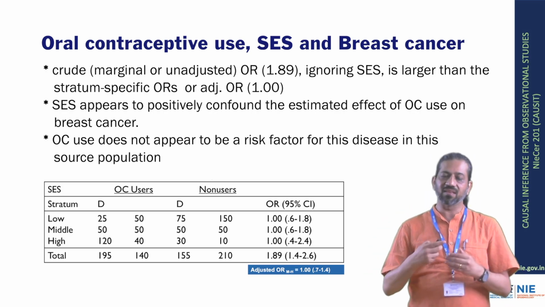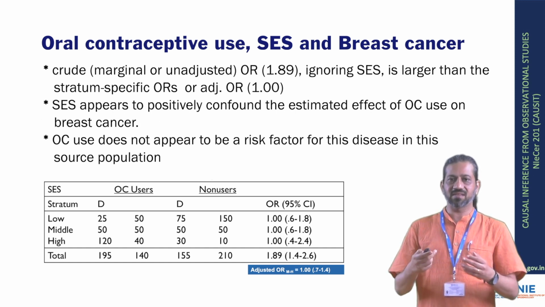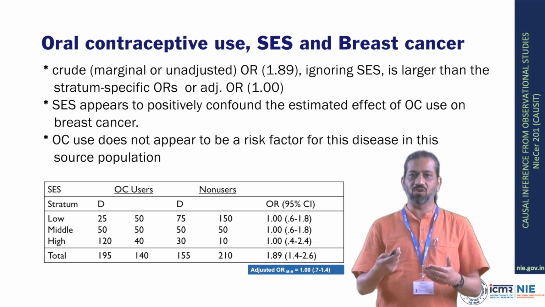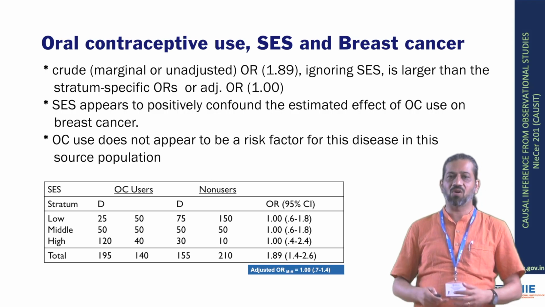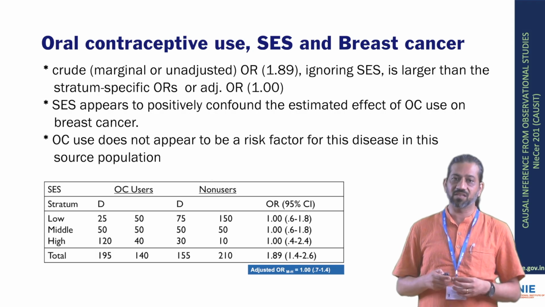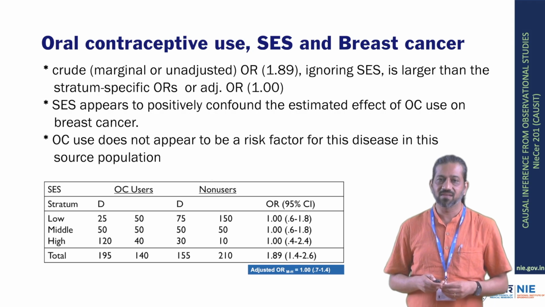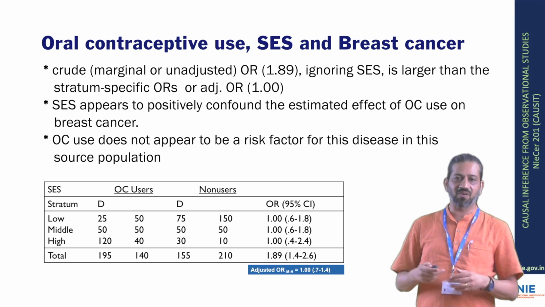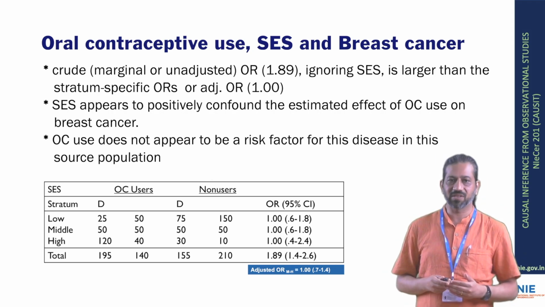So comparing the adjusted and the crude, we can see that yes, there is a difference between the adjusted, which is 1, and the crude odds ratio, which is 1.89. So the crude or the unadjusted odds ratio is larger than the stratum-specific odds ratio as well as the adjusted odds ratio. So hence, socioeconomic status actually appears to positively confound the effect of oral contraceptive use on breast cancer.